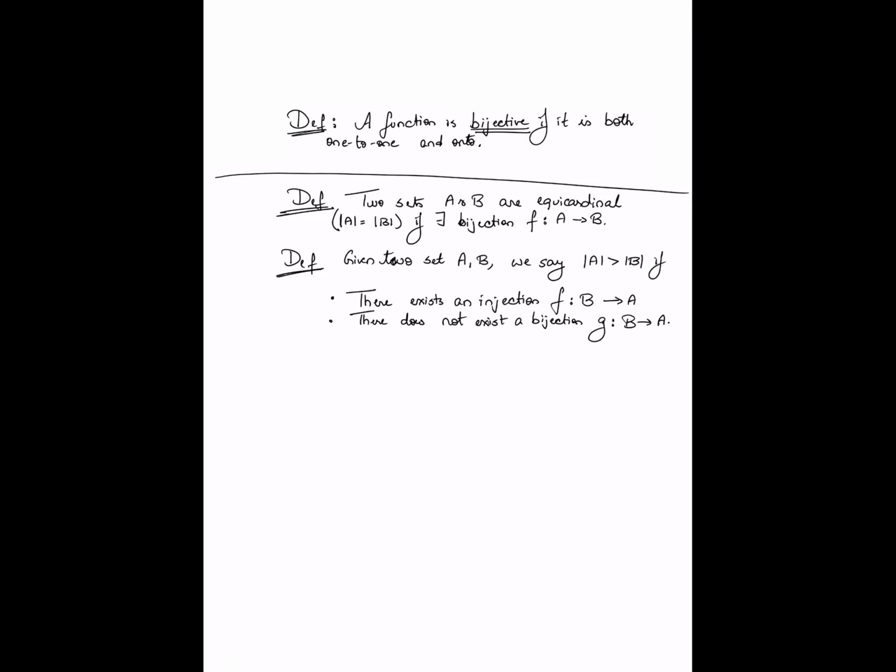If you have a set B which has 3 elements, and a set A with 5 elements, it is indeed possible to define a one-to-one mapping from B to A, but it is not possible to define a bijection from B to A. Okay, so again, the power of these notions is that they are consistent with our understanding of cardinality comparison for finite sets, but they actually naturally extend also to infinite sets.